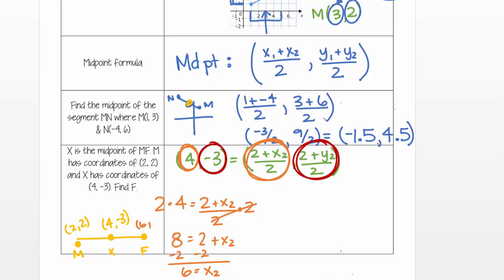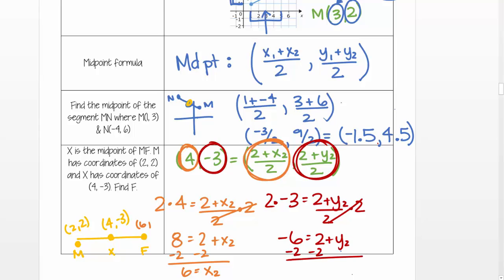And then our other one can be this equation, that negative 3 has to equal 2 plus something divided by 2. So the steps are the same, just with different numbers. We'll multiply by 2 to get rid of that, and we'll subtract 2 to get y alone. So the y part of this has to be a negative 8 in order for this to work.